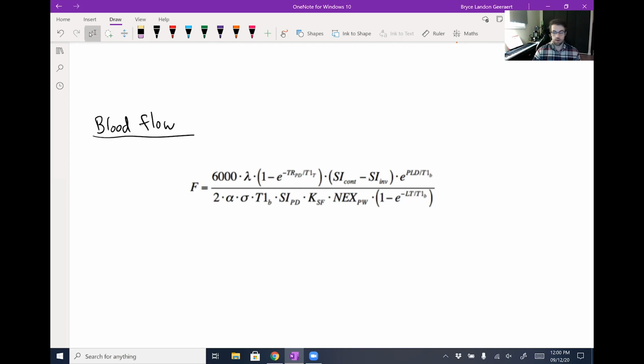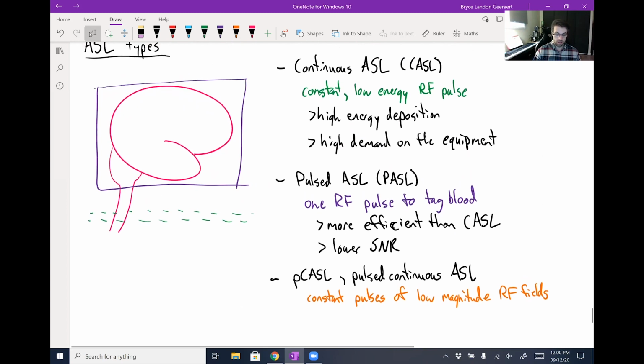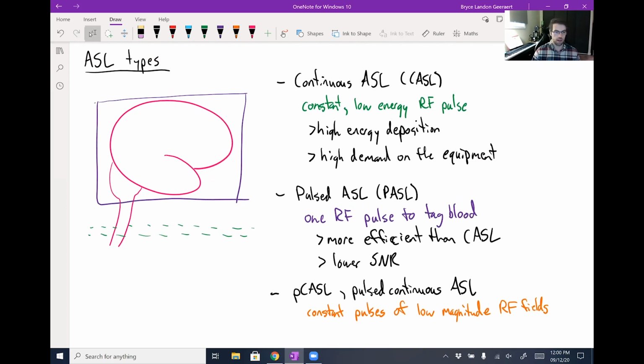There are very bright minds behind this, but it is more complicated than an introductory course would warrant. That being said, the same drawbacks as in fMRI apply to ASL, where you have a low signal to noise ratio, so you have to decrease your resolution and increase your voxel size to make sure you're seeing blood flow changing your signal and not just noise.